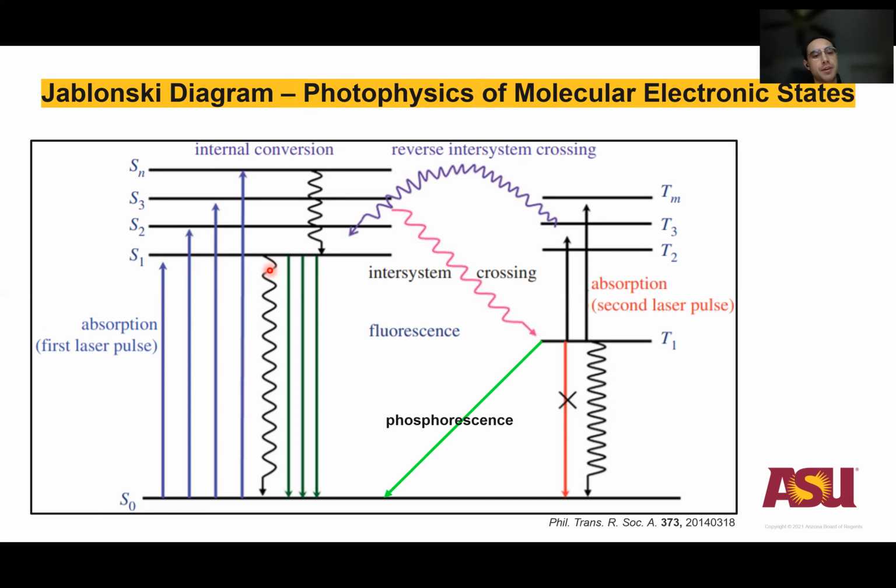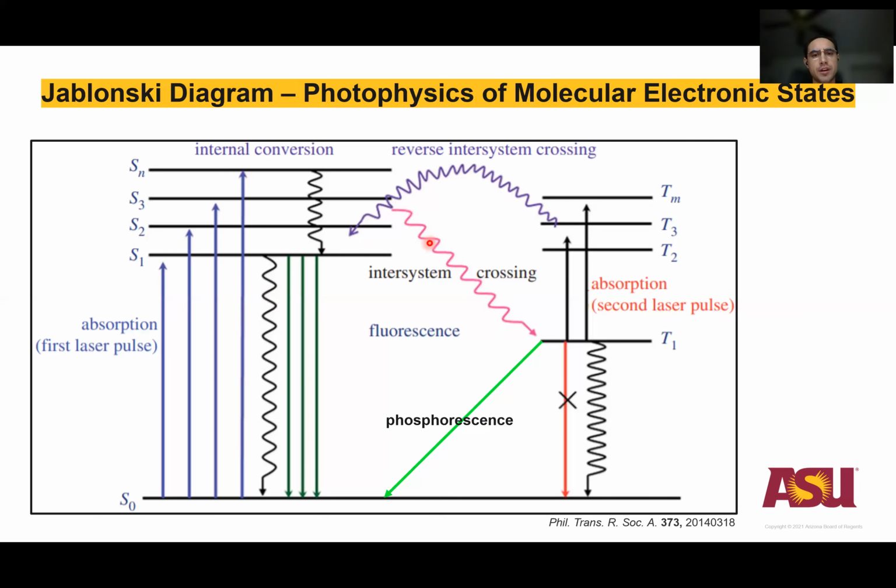Typically this is going to be through some sort of thermal mechanism. And then you could also decay from the singlet excited state back to the singlet ground state radiatively through a process called fluorescence, where a photon is emitted. Alternatively, you could spin flip to a triplet excited state through a process called intersystem crossing.